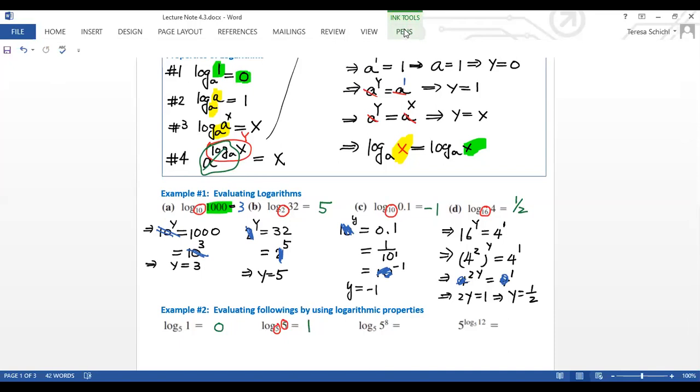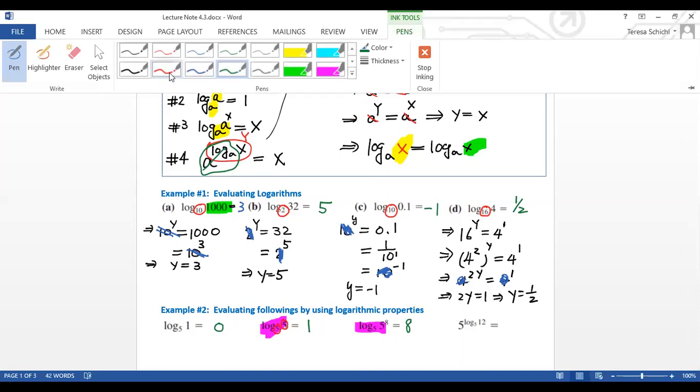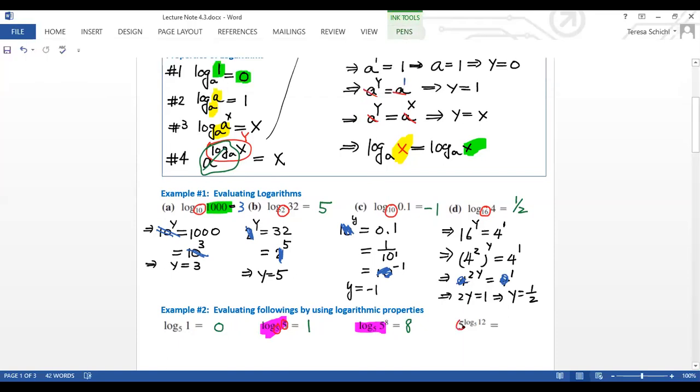Just like we talked about, you can just cross that out, right? The third one, they said log base 5 of 5 to the 8. This is a base 5 and this is a 5, so I can just cross that out. So what is the answer? It is 8. The last one is exponential, with base 5 and a 5 here.